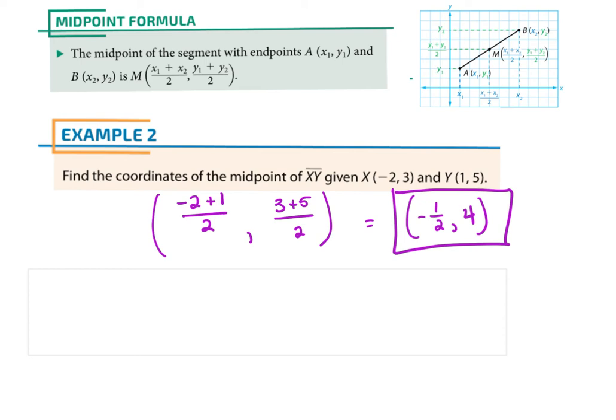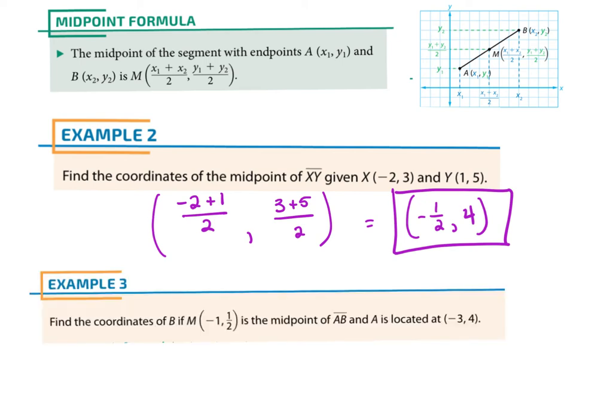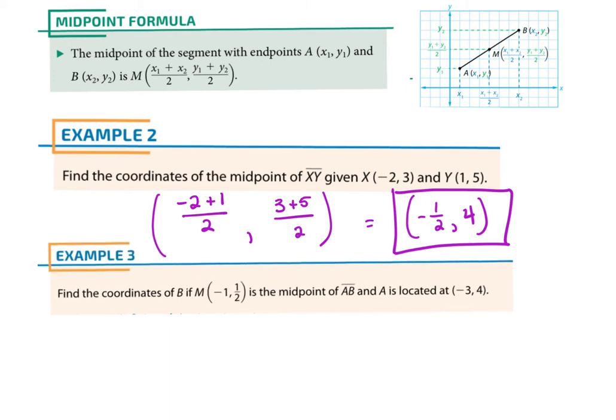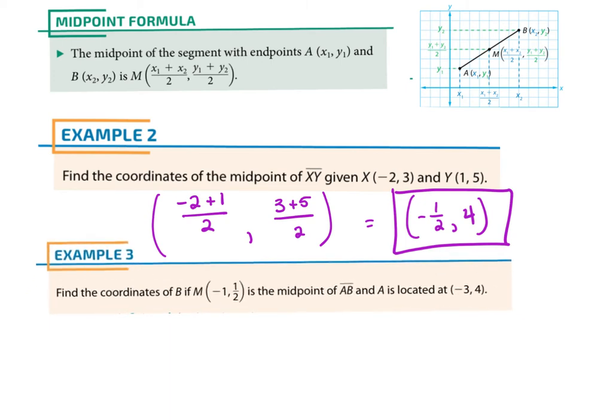The next example is similar, but not exact. Find the coordinates of B if M is the midpoint of AB. And they give the location of the midpoint, and they give the location of one of the endpoints, all right? So if you think about this one, we have our midpoint. They have given us the answer to the midpoint, and they've given us one of them.